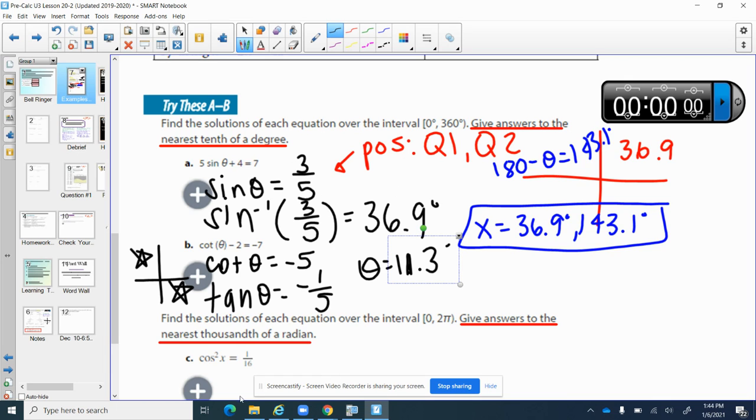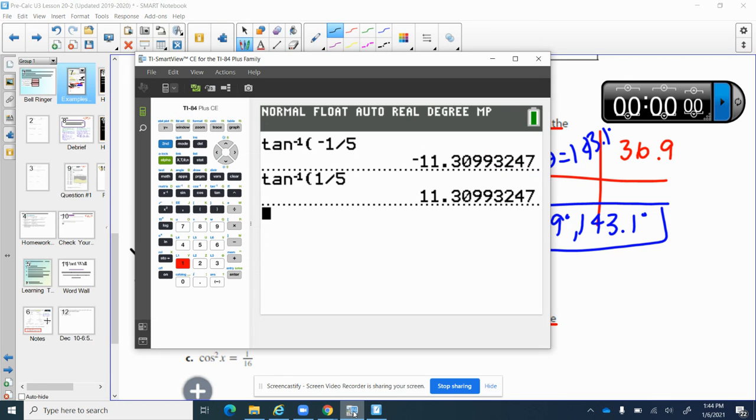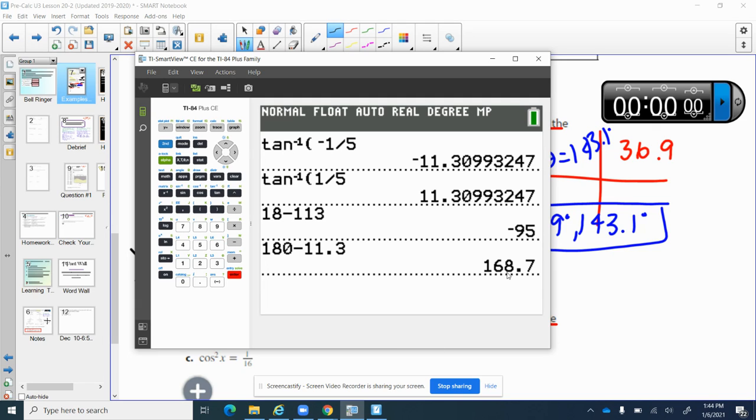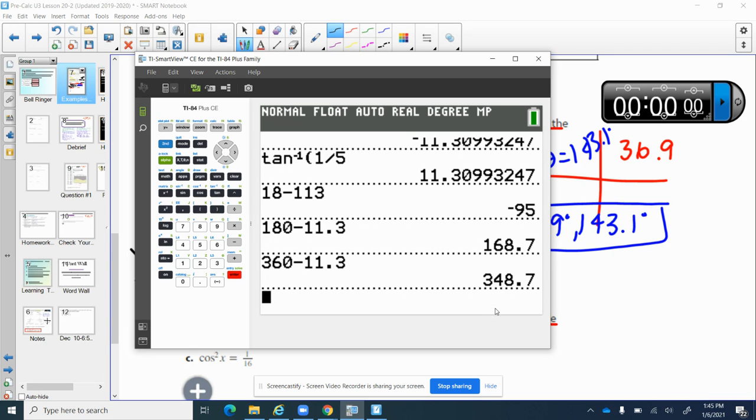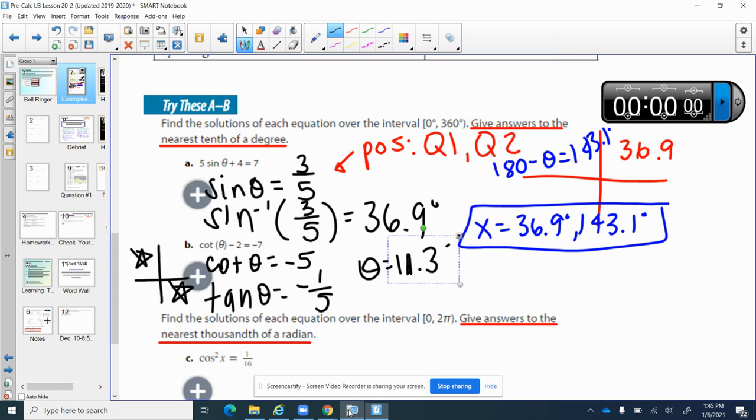So instead, we have to use that reference angle, and we would take 180 minus 11.3 would give us quadrant 2, and 360 minus 11.3 would give us 348.7. So our two values then for theta are going to be the 168.7 degrees from quadrant 2 and quadrant 4.